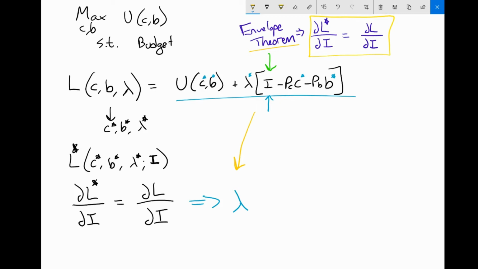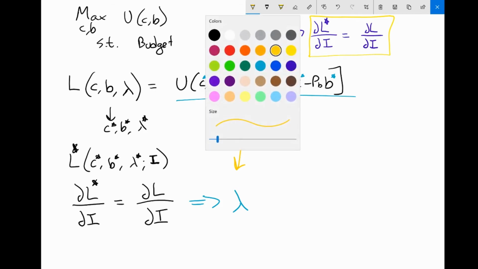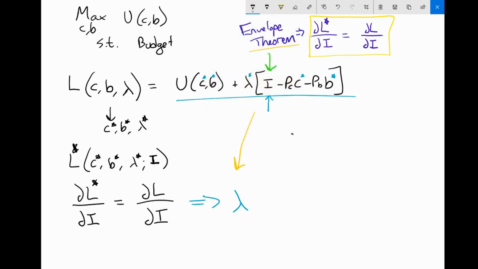So let's say I wanted to ask the question, how does a change in the price of coffee affect total utility? Well, this will be equal to the direct derivative. What's the direct derivative? The direct derivative would be negative lambda star C star.